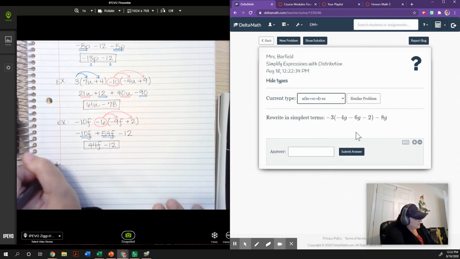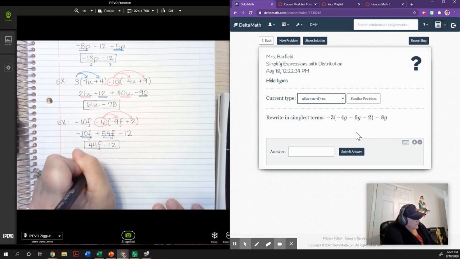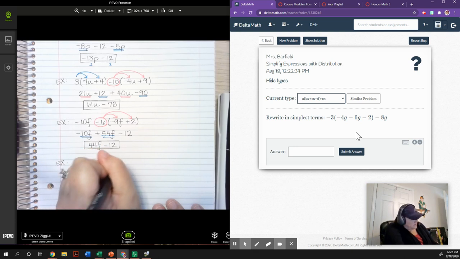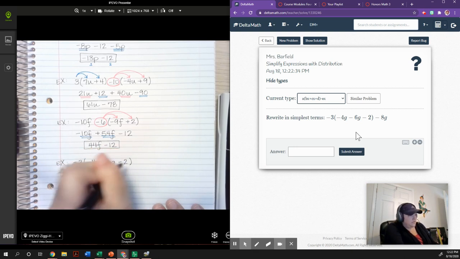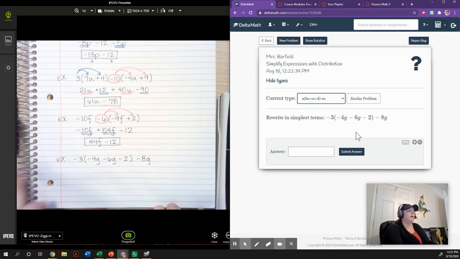All right. So negative 3, parentheses, negative 4G minus 6G minus 2, parentheses, minus 8G. You've got a couple of different approaches for this one, but I think most of you probably would just jump right into your distributive property.